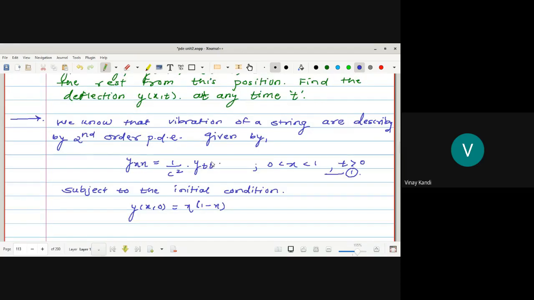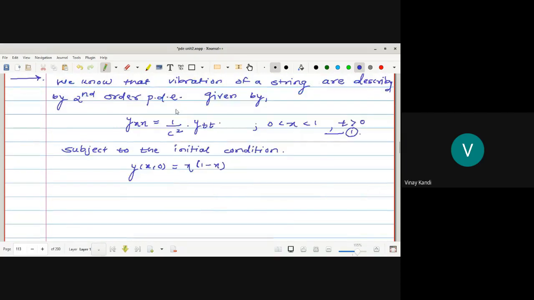This is our initial condition, and y_t(x, 0), the velocity at initial time t equal to 0, is 0. At the initial point, the velocity of that string is 0. Give it as equation number 2, and this is equation number 3. Any doubt up to here?